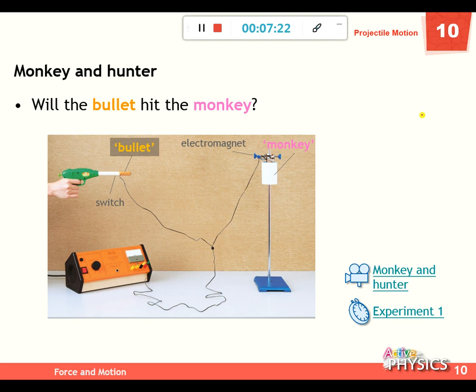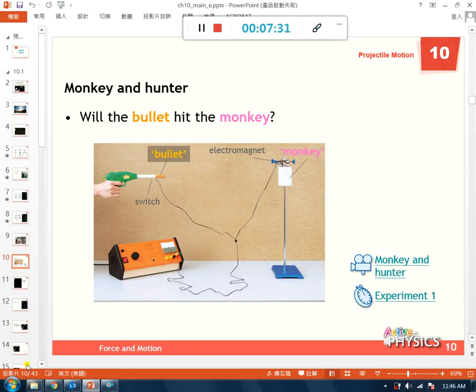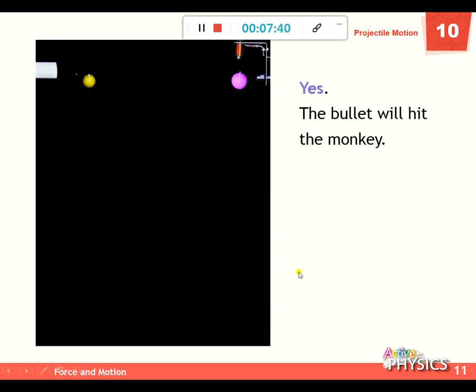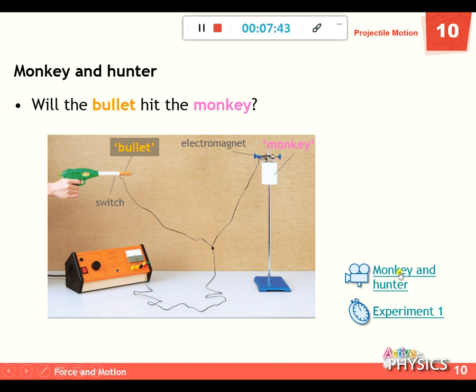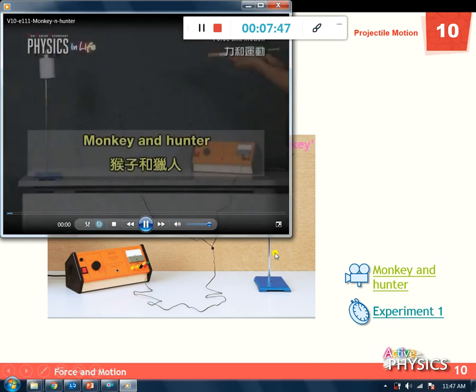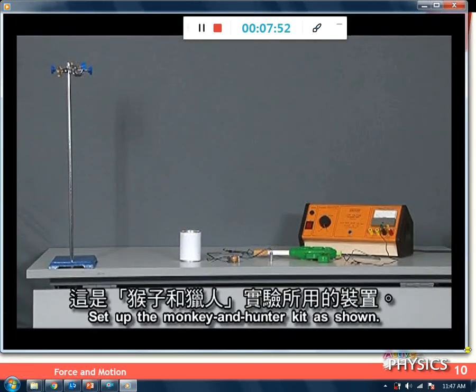This one is an experiment to prove it. This one, monkey and hunter. Look at this. Monkey and hunter. Set up the monkey and hunter kit as shown.